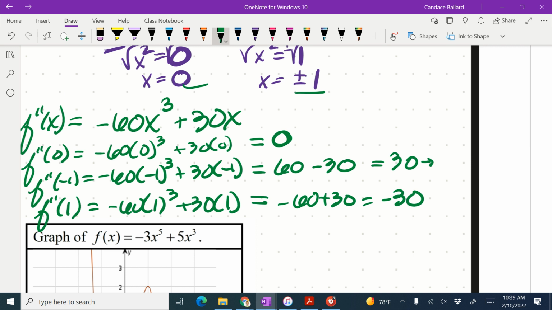The one that was 30 would be a relative min. Good. So relative min, and technically at x equals negative 1. Okay. Negative 30 is going to be what? Relative max, and technically at x equals 1.